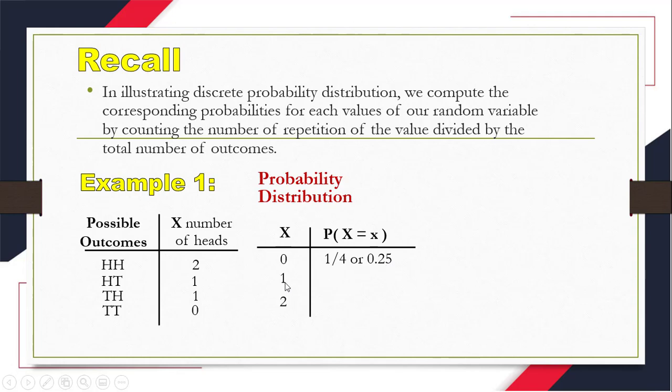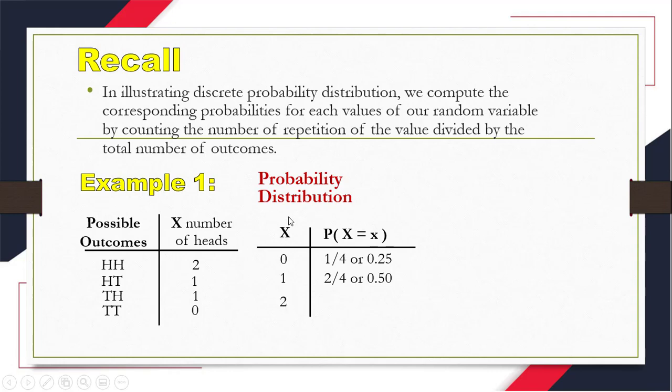Now, we do the same for the random variable X equal to 1. The probability of X equal to 1 is, we count the number of repetitions here: 1, 2, divided by the total number of outcomes, which is 4. So, 2 over 4, or 0.5.